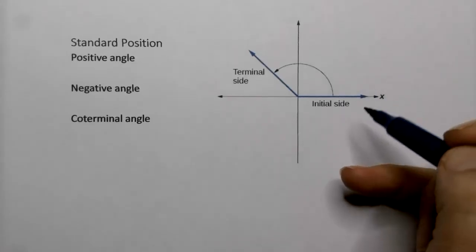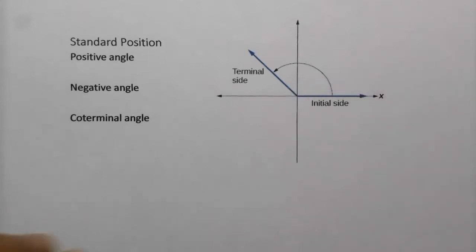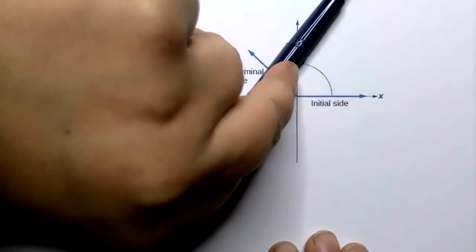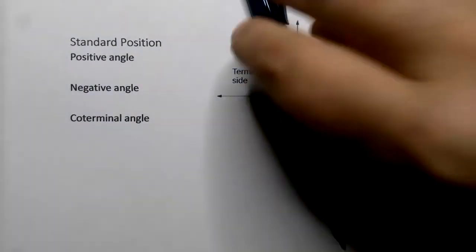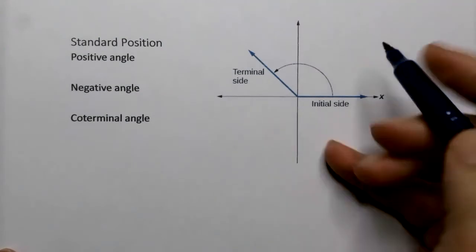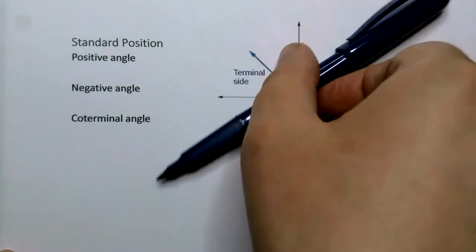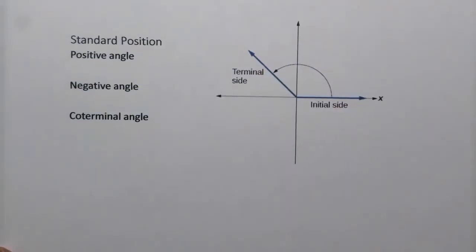So you understand that when this ray starts to rotate, if it goes in a counterclockwise direction, that's a positive rotation. And when it goes in a clockwise direction, that's going to be a negative angle or negative rotation. So when the angle rotates all the way around a circle, that's 360 degrees.